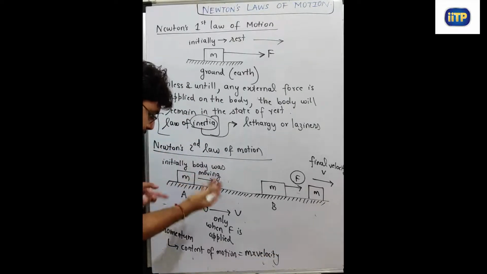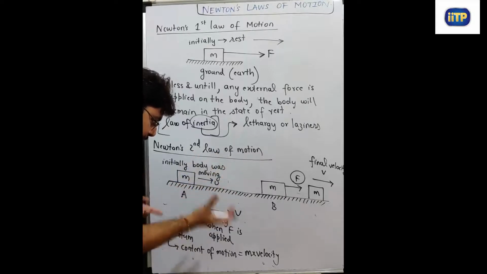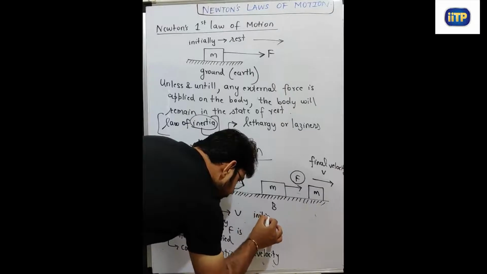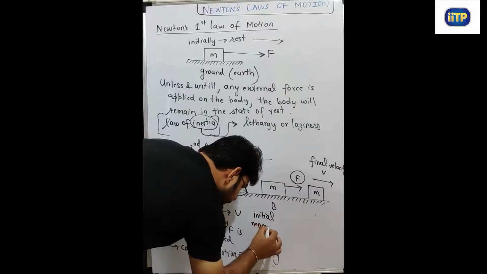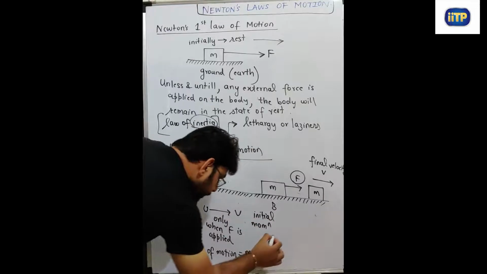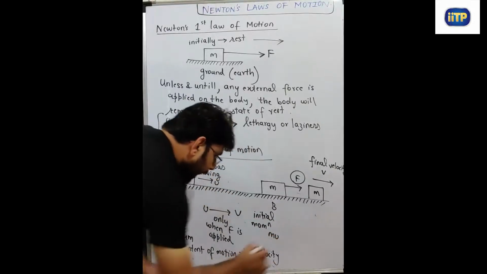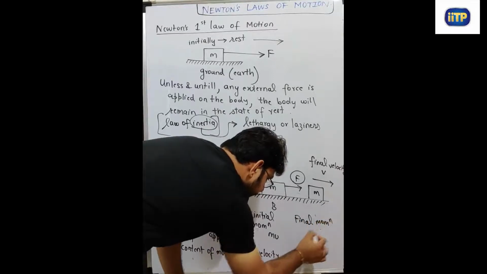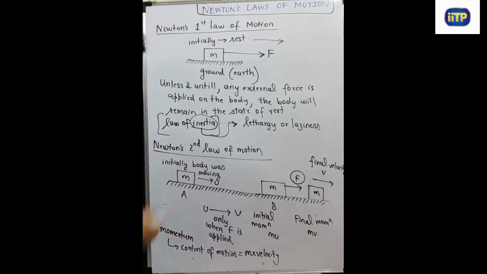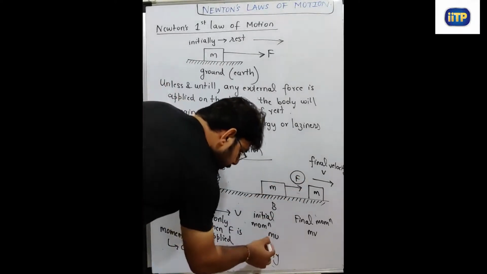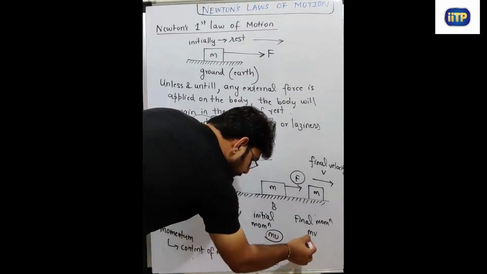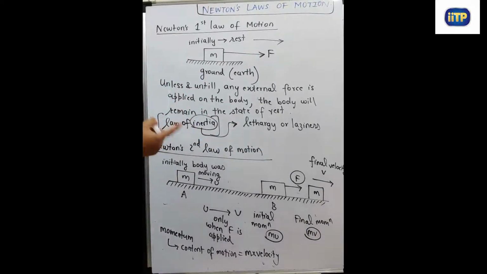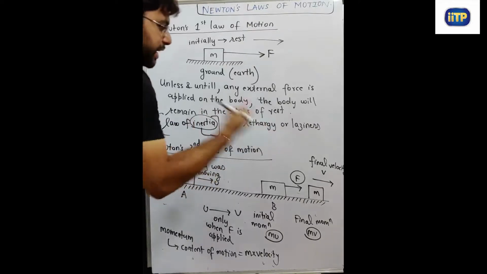So initially, how much content of motion did the body have? That is, the initial momentum was, let's say, mu, and the final momentum after application of the force became mv. So what is happening is, when force is applied, the initial momentum mu is changing to mv. It means the force is doing something so that the momentum is changing.